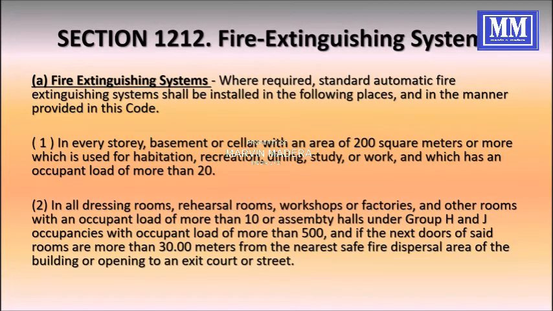In all dressing rooms, rehearsal rooms, workshops, or factories, and other rooms with an occupant load of more than 10, or assembly halls under Group H and J occupancies with occupant load of more than 500, and if the exit door of said rooms are more than 30 meters from the nearest safe fire dispersal area of the building, or opening on an exit court or street.